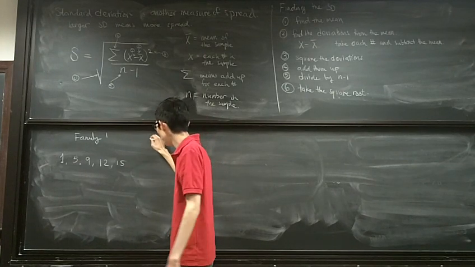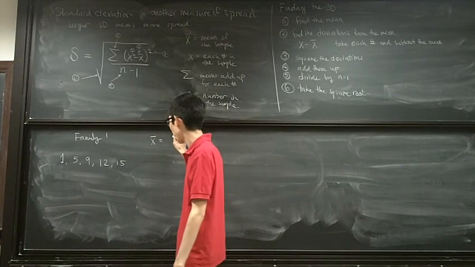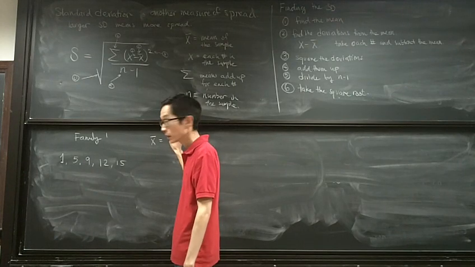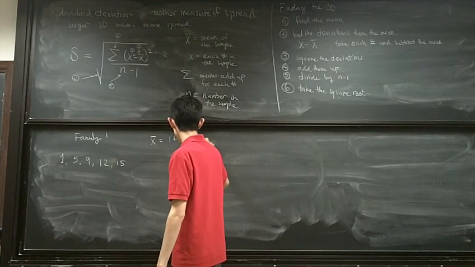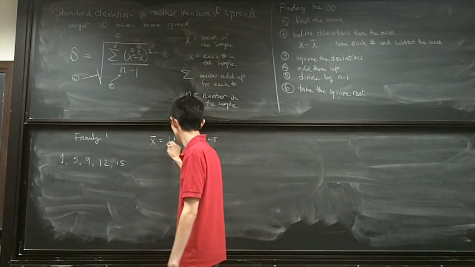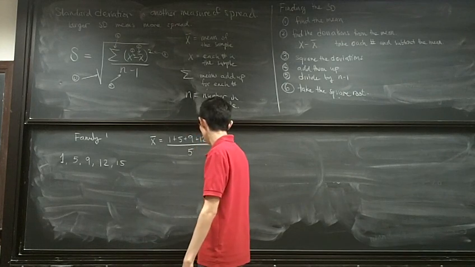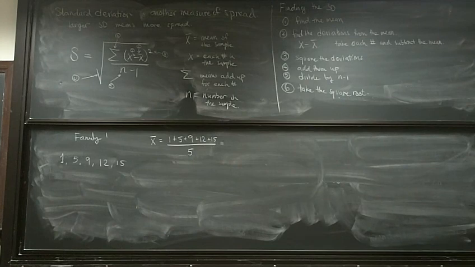So first we're going to find the mean. How do I find the mean? Add them all together. I do 1 plus 5 plus 9 plus 12 plus 15, and I divide by 5. So what does this come out to be?